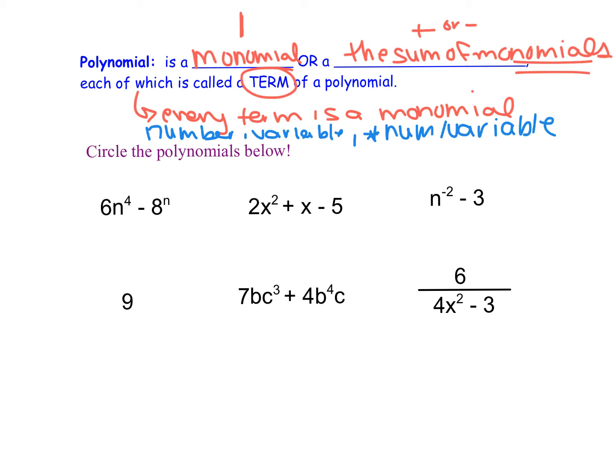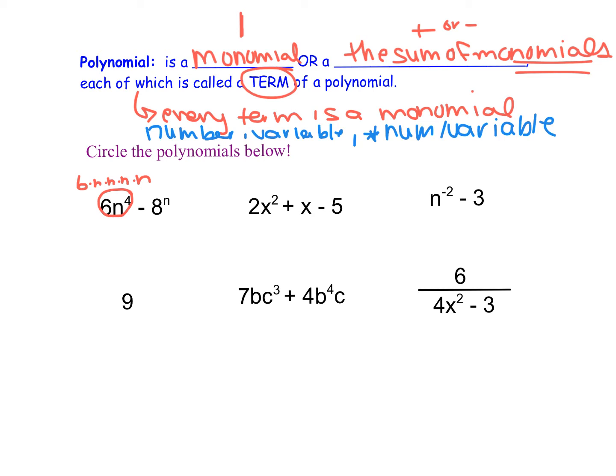So here, if we look at this first example, I'm going to look at each term one at a time. If I look at the first term, what I see is 6 times n to the power of 4. So this is really 6 times n times n times n times n. That does meet the requirements of a monomial, so this one is good to go.